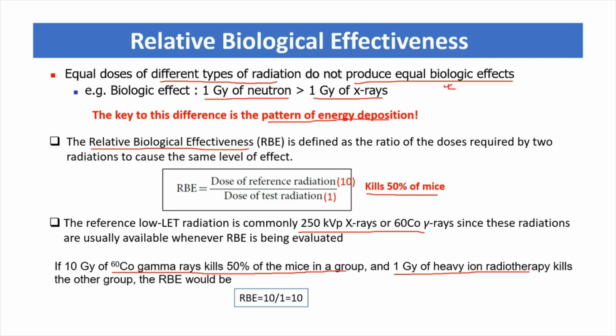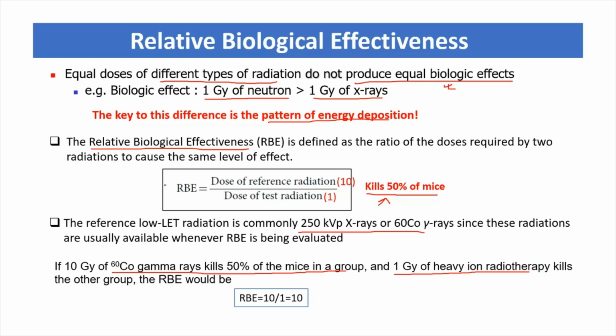So RBE is defined as the dose of reference radiation divided by the dose of test radiation for the same clinical endpoint, and in this case the clinical endpoint is killing 50% of mice, and the RBE comes out to be 10 by 1, equal to 10.